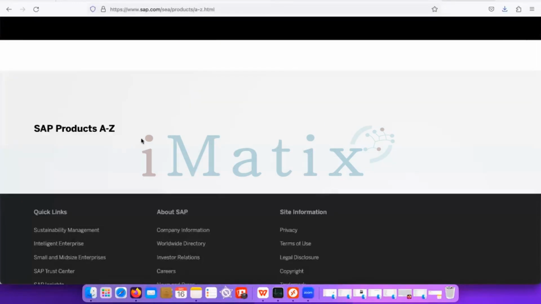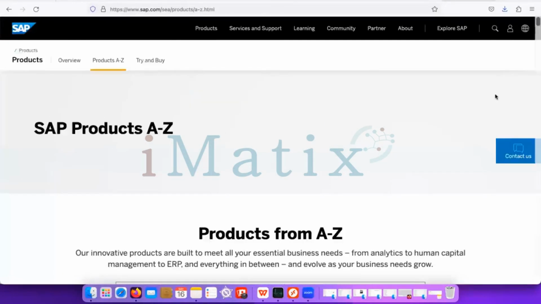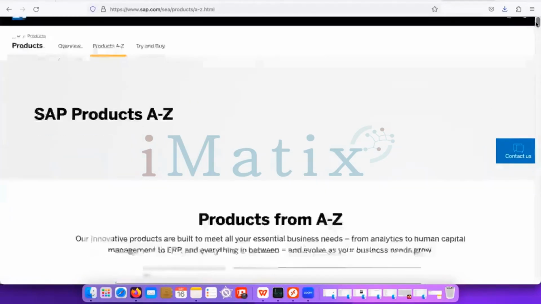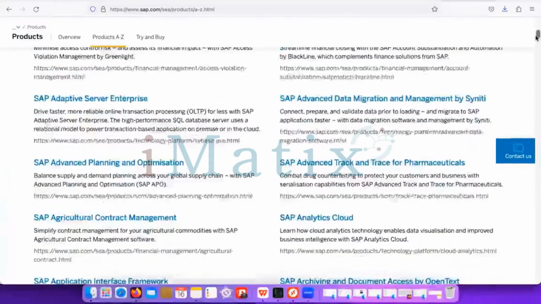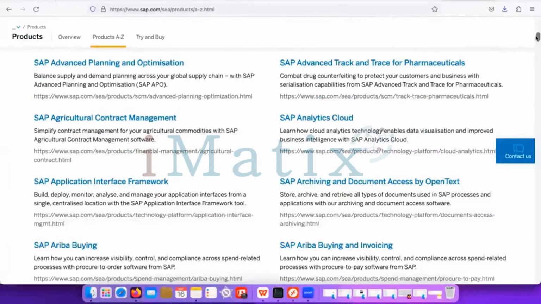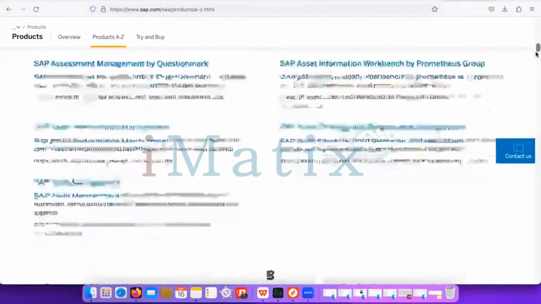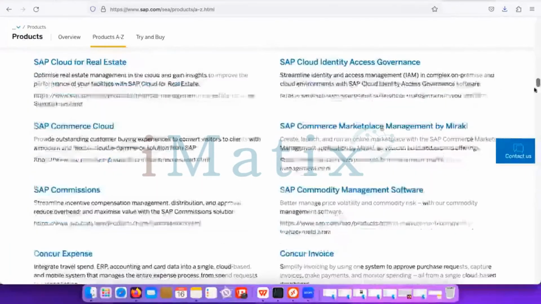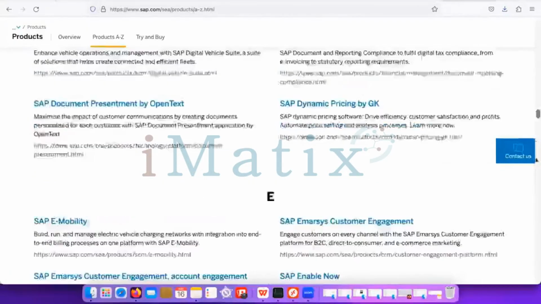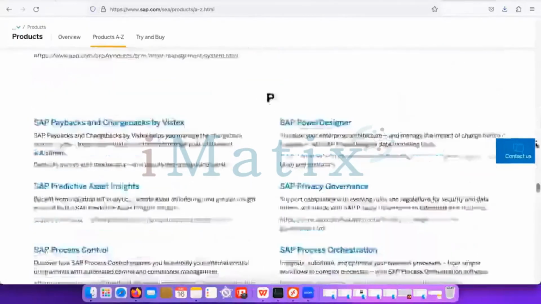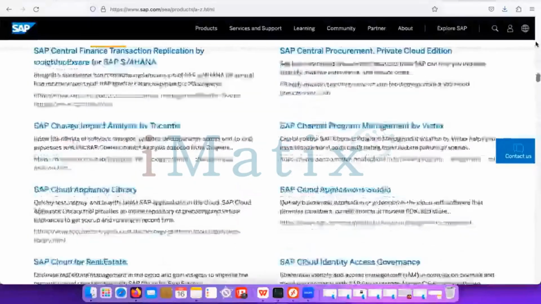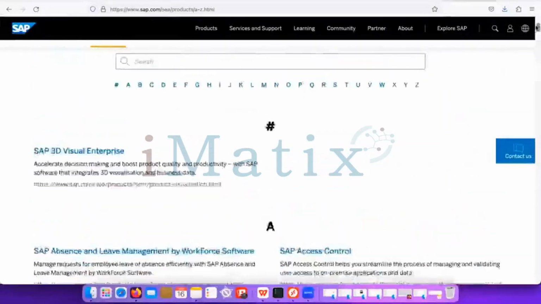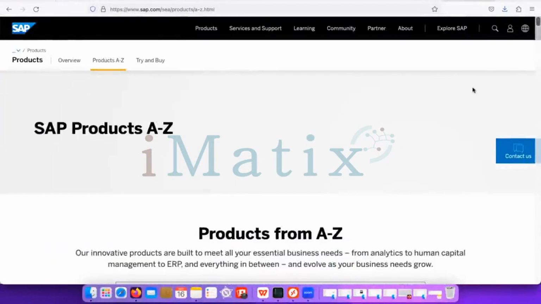You can see A to Z products from SAP. ERP is one of the popular products, but apart from ERP, they have CRM, Supply Chain Management, Solution Manager, and thousands more.